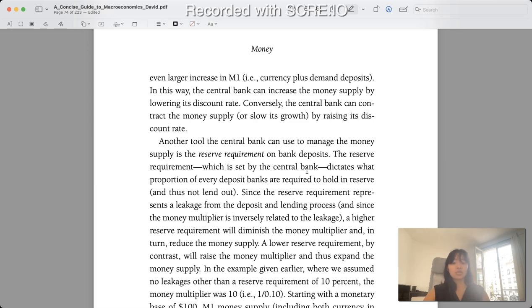Another tool the central bank can use to manage the money supply is the reserve requirement on bank deposits. So your discount rate is equal to your interest rate.